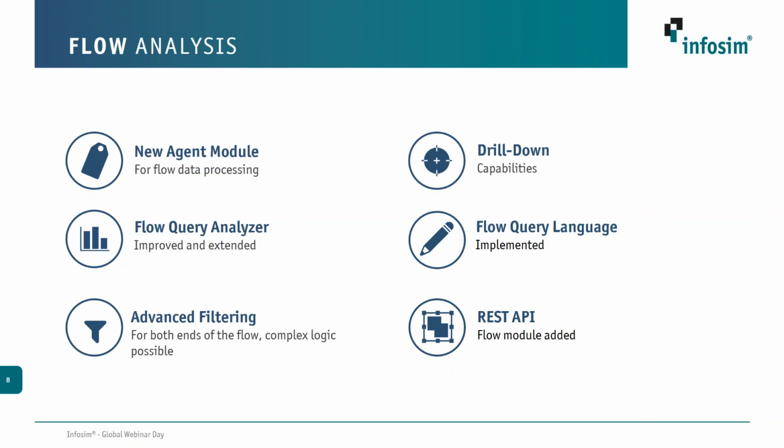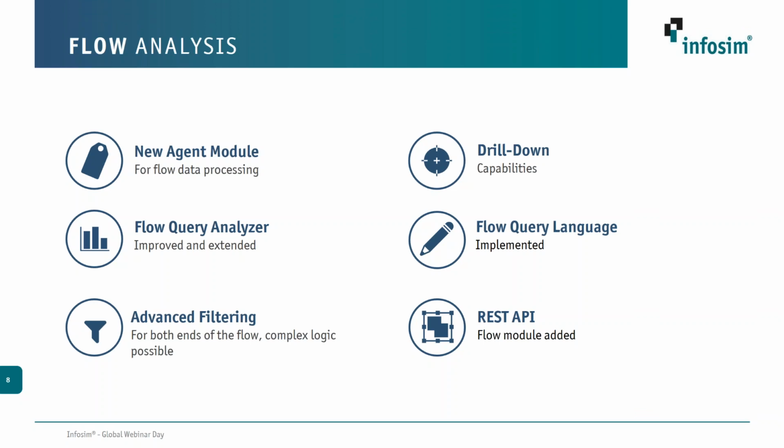This is especially true for filtering. We now have advanced filtering. In the past, you were able to filter, but the filter possibilities were a little bit limited. You could filter on an IP address, but the filter would be applied to either end of the flow. And also, you couldn't create complicated logical filters like AND, OR, and so on.